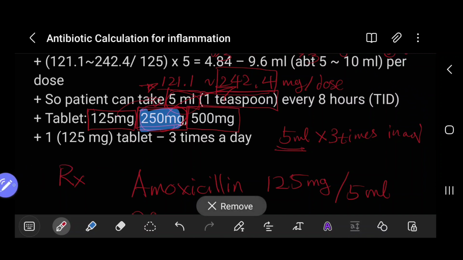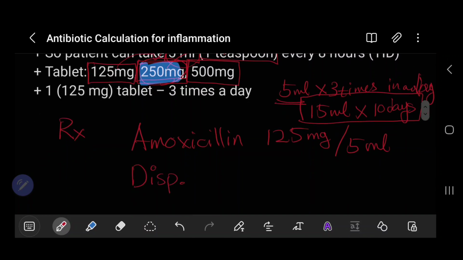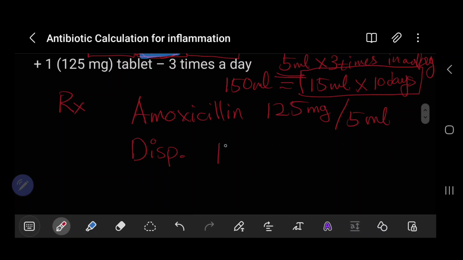So in a day we are going to give 3 times, so it'll be 15 milliliter which is needed. But how many days? 10 days, right? So since we are going to give 15 milliliter for 10 days, it'll be 150 milliliter which is needed. So we are going to dispense a 150 milliliter bottle.